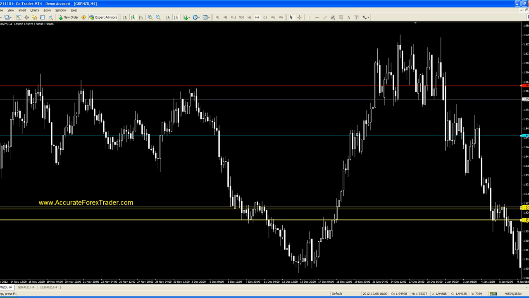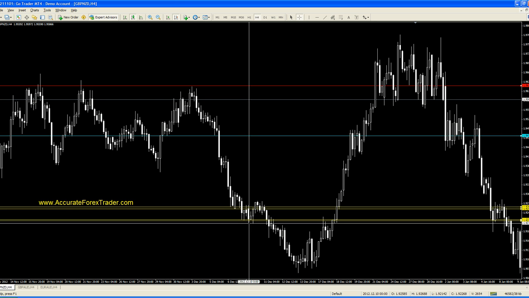Now what I'm looking for is once price breaks out of those lines to the upside, then comes back into those 4 lines, that working area between the top yellow line and the bottom yellow line, that's the current working area. So see here, price has just popped out and came back in.